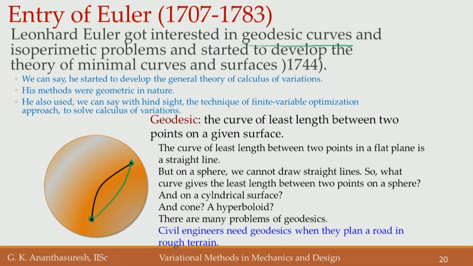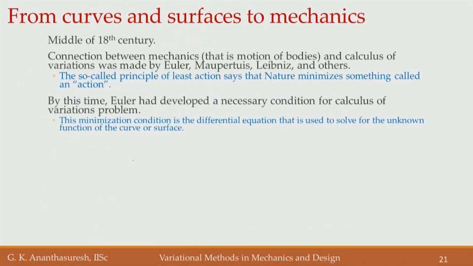So, Euler got interested in these and started solving those problems and others, and there was a general theory for calculus of variations. Okay. Basically, these curves and surfaces have a lot of relation with mechanics also. In the middle of the 18th century, a lot of other people, some of the names are given here, including Euler, Maupertuis, Leibniz, and Leibniz we already found in the context of the Brachistochrone problem, and Lagrange.